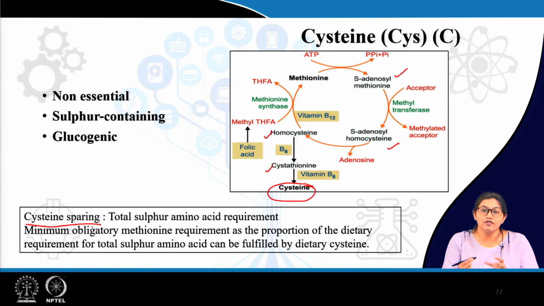Now, if the dietary supply of cysteine is high, it will basically cut down the requirement of methionine. The minimum obligatory methionine requirement is reduced. So, that is called the cysteine sparing effect on methionine.